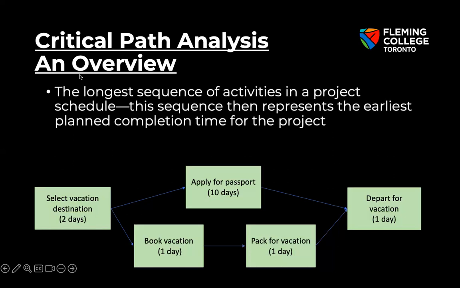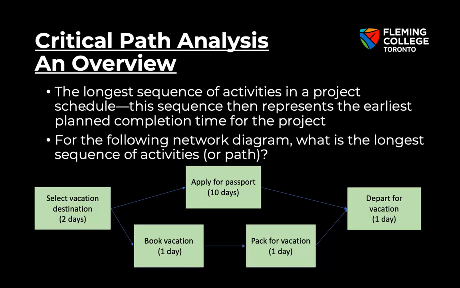Okay, so our definition could be this: the longest sequence of activities in a project schedule. This sequence then represents the earliest planned completion time. We can't complete the project just because we have book vacation and pack for vacation. Correct? It can be completed only when your passport is there. Right?